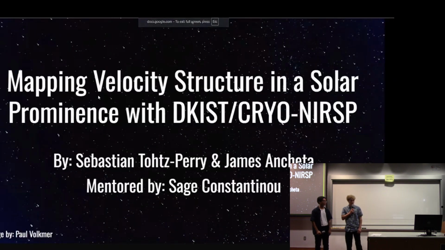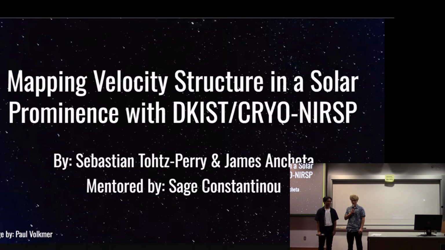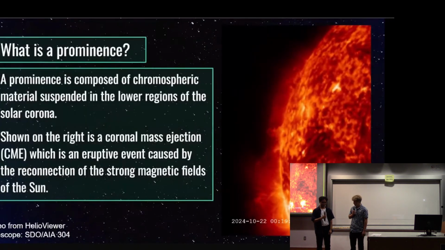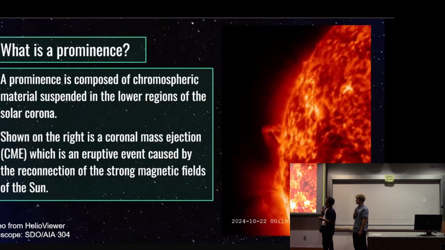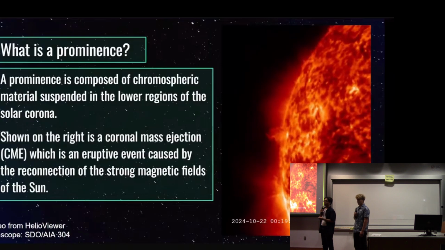Okay. Our project is mapping velocity structures in a solar prominence with DKIST and cryo-NIRS. And our mentor is Sage Constantino. So, first of all, what is a prominence?